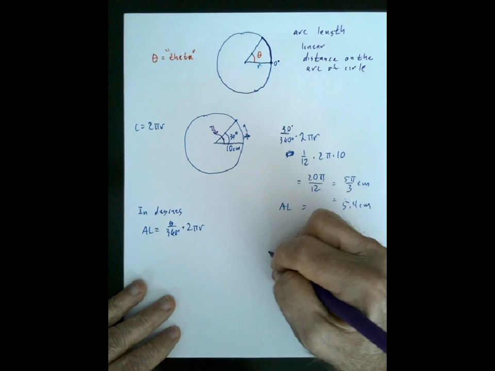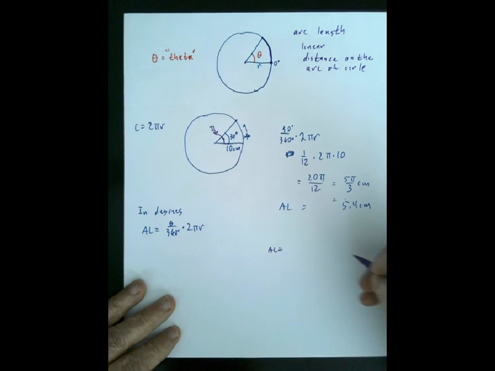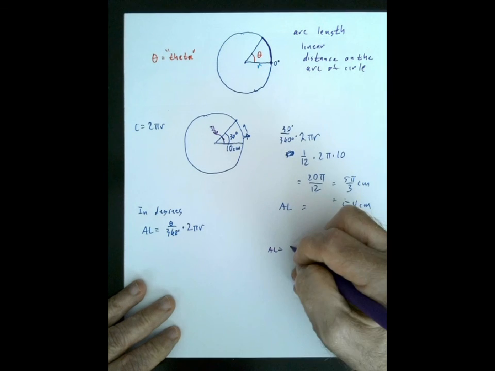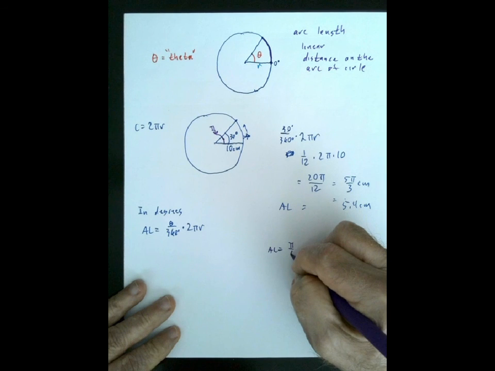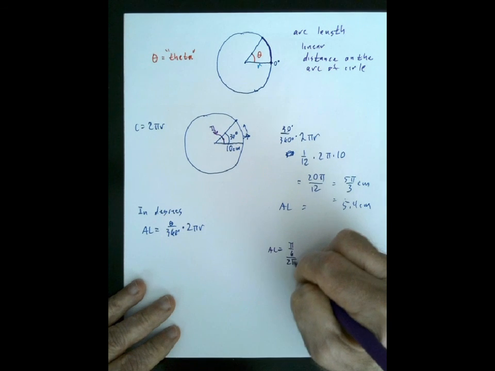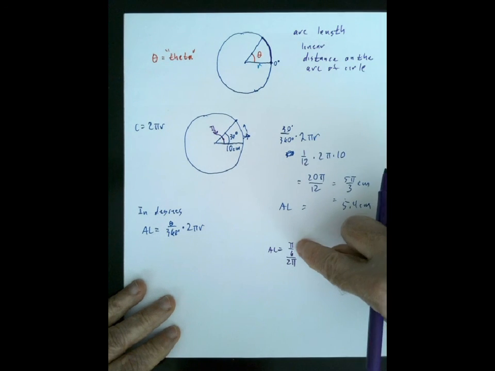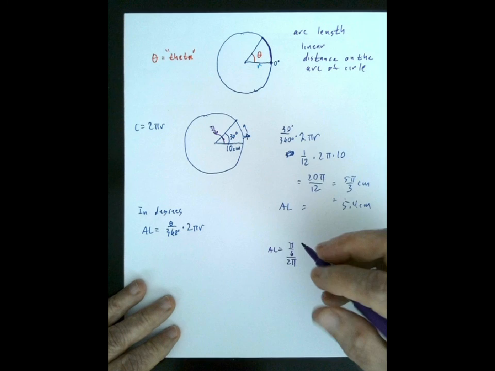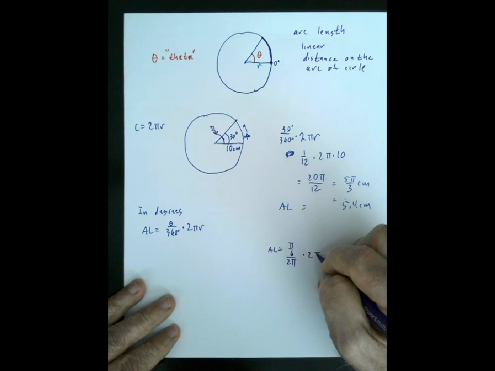So the arc length in radians is going to be the angle pi over 6 divided by 2 pi, because pi over 6 is proportional to the entire radian arc around, which is 2 pi, times 2 pi r.